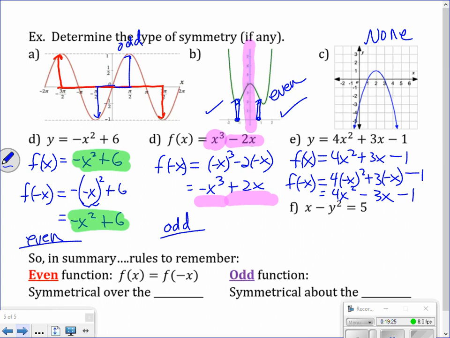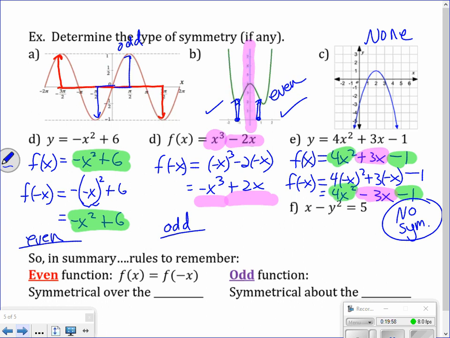All right, I have an issue here because look what happened. 4x squared stayed the same, so I'm thinking I'm going to get an even function. But then look what happened. 3x became negative 3x, and the minus 1 stayed the same. So some of it stayed the same and some of it switched to the opposite. So it followed both rules. That means it's a good old nothing. This has no symmetry, or it's not symmetrical in any of these three ways.